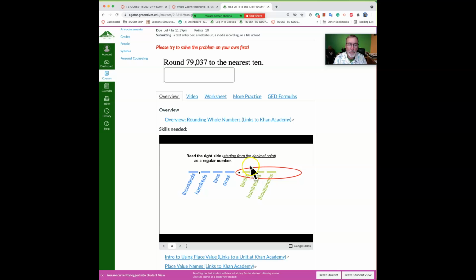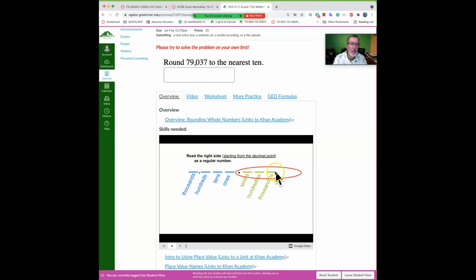And then we're just going to read the number on the right of the decimal point the same way you would normally. If it's a 2-digit number, it could be like 21 or 22. And then the unit will be the column of the last number in the number, right? So if it were 22, then it would be 22 hundredths.